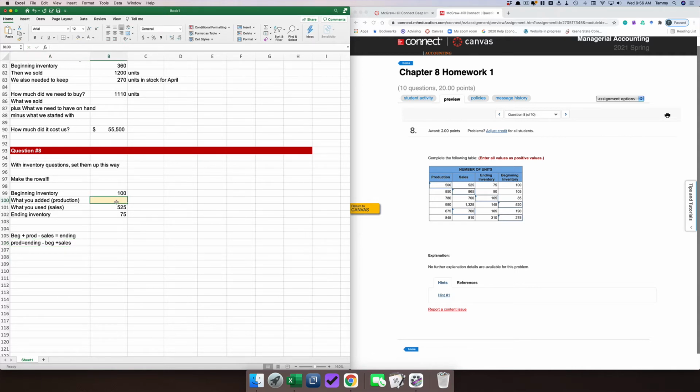So production is equal to ending minus beginning plus sales, 500. And there it is, and that's how you do that. Very simple. It's just math. It's just 8th grade algebra. Okay, on to number 9.